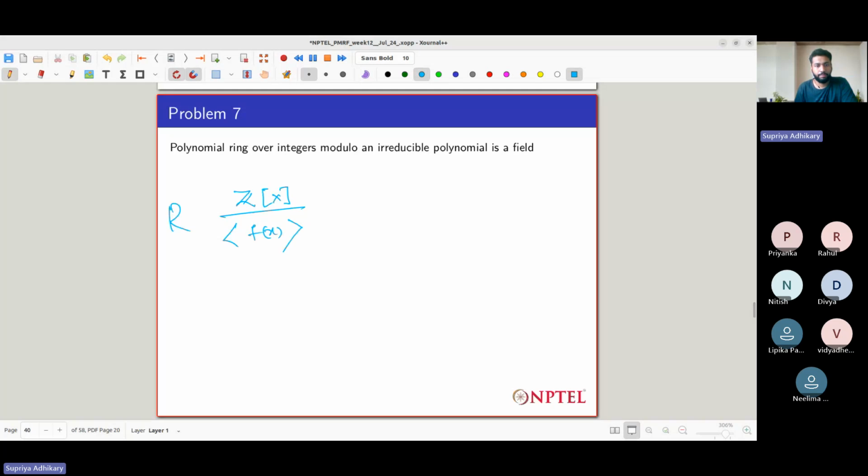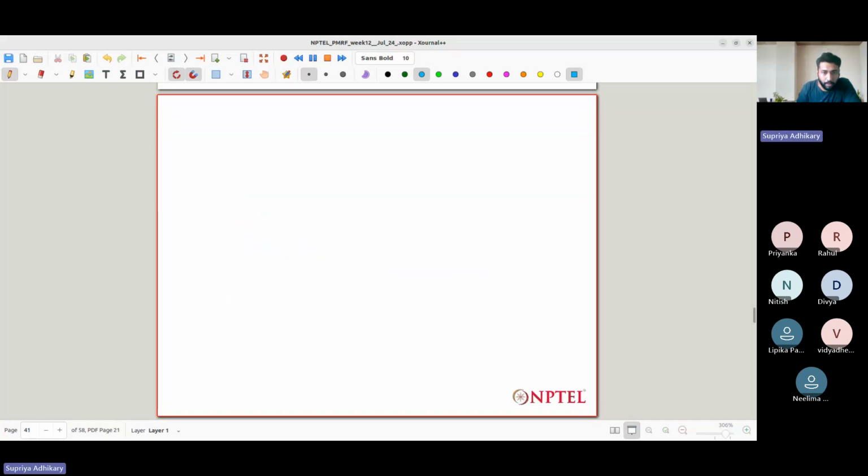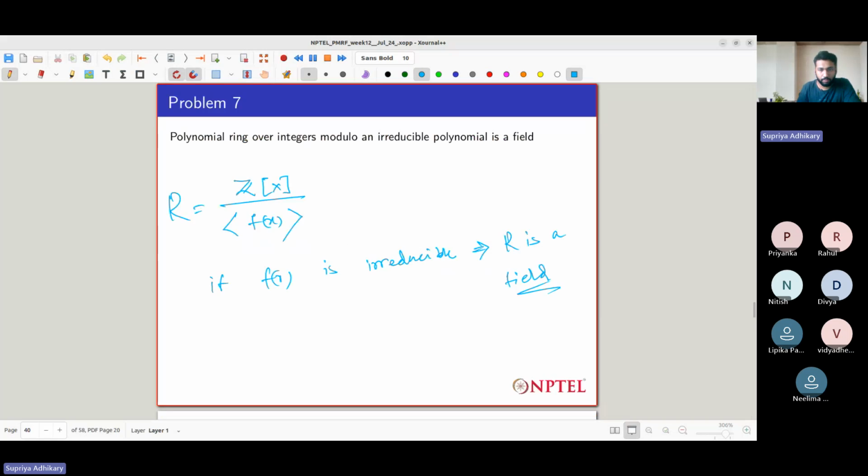So this is our ring R. Okay, and we have to prove that if f(x) is irreducible, then this implies that R is a field. So how do we prove that? So f(x) is irreducible. Sorry, let us consider this as phi of x. Okay, so phi of x is a polynomial. So if phi of x is irreducible, then we have to prove that this ring R is a field.